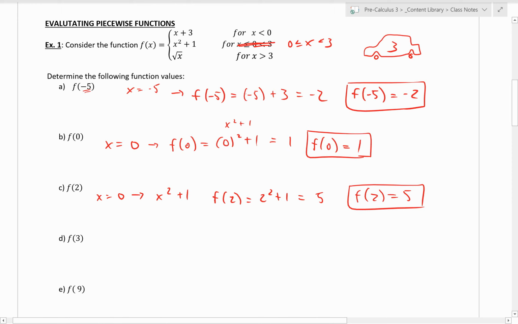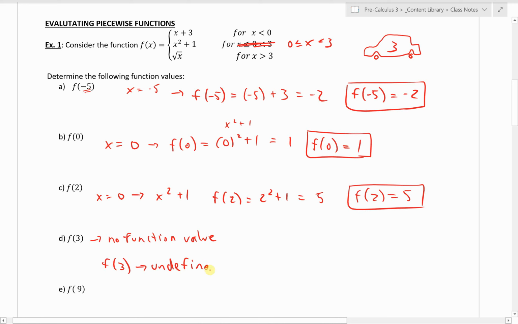Now the toll booth analogy probably breaks down here because a car has to have some lane to go through. But in a mathematical function, all that means is that there's no place for 3 to go. In other words, there is no function value that corresponds to x equals 3. So that just means that f of 3, we can't know what the function value is. There is no function value. We would say it's undefined.